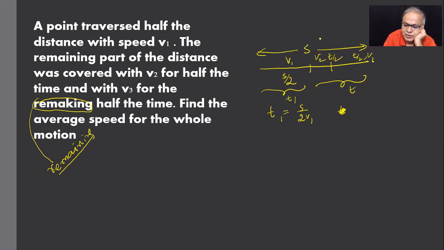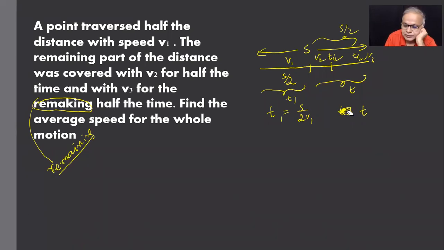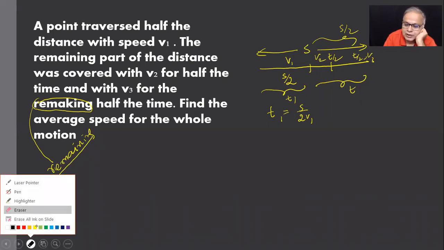Look, this is s by 2, this is s by 2. So time t equals, what should I do now? I'll just rub it off. So what should I do here? Tell me, children. I wanted the distance is there.